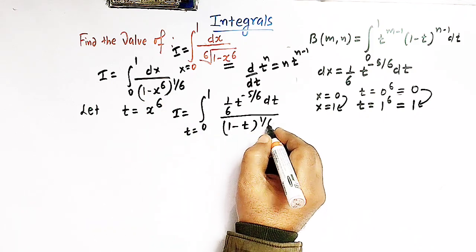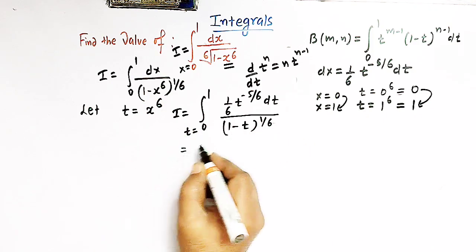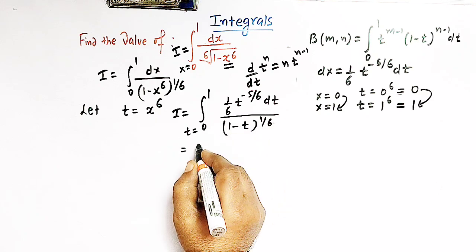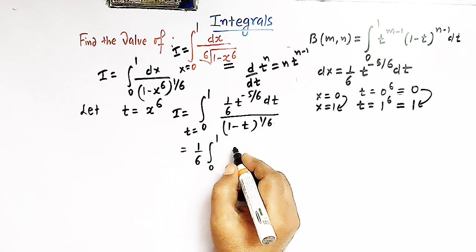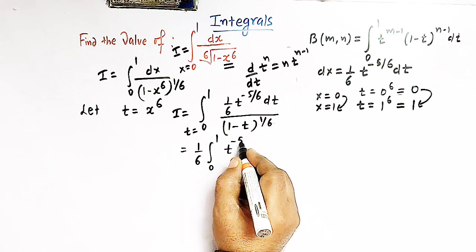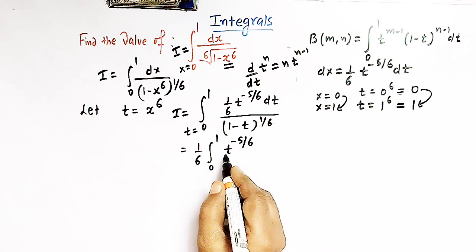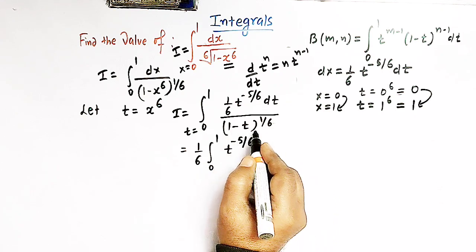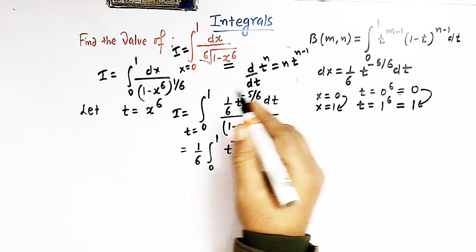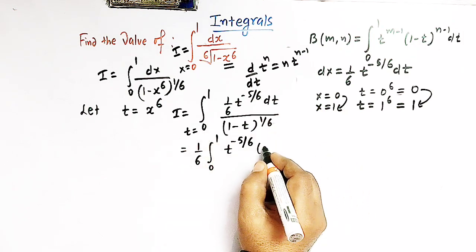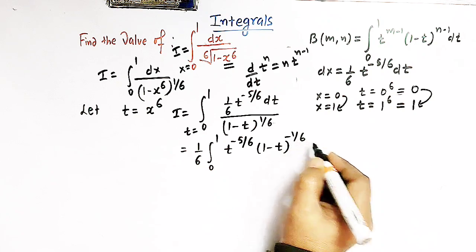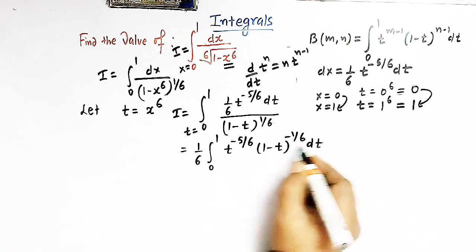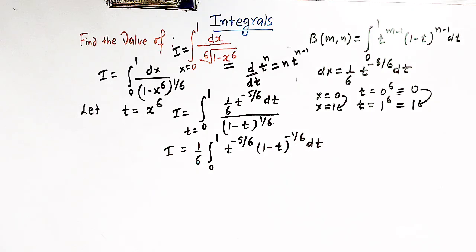So now taking 1 over 6 outside the integral, we have the integral from 0 to 1 of t raised to minus 5 over 6, and taking (1 minus t) raised to 1 over 6 to the numerator, we can now write (1 minus t) raised to minus 1 over 6 dt.